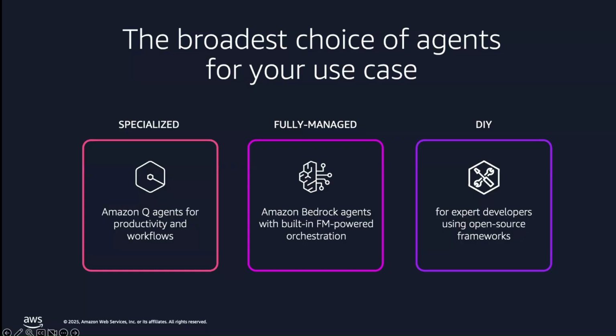It helps you choose the models, orchestrate the workflow, and create agents the way you would like to create them. And then do-it-yourself, where we provide the basic infrastructure, and you bring your own open source frameworks, models, or agents, if you will.